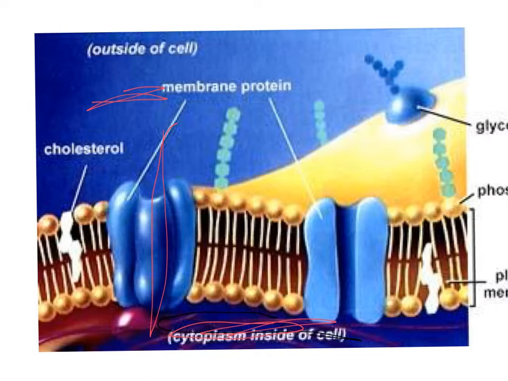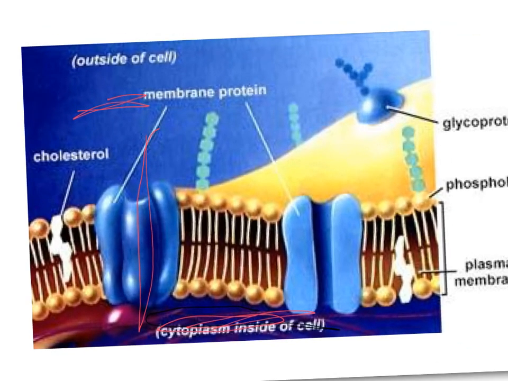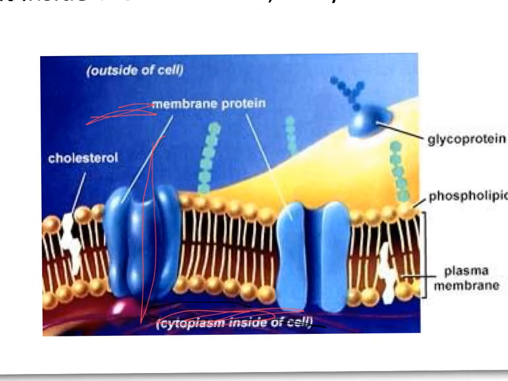On the outside, it's hydrophilic. Now, hydrophilic means water-loving. And then you have the plasma membrane right here, and on the inside this is a phospholipid bilayer, and lipids are fats, so they're not water soluble.